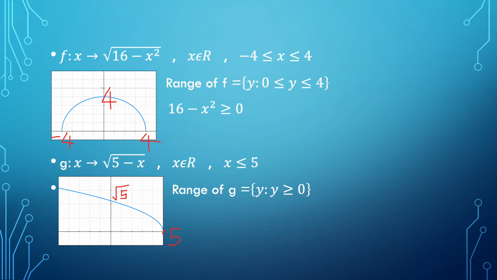We substitute x equal to -4, we get y equal to 0. And when x equal to 4, y also equal to 0. So we continue the substitution. When x equal to 0, y equal to 4.